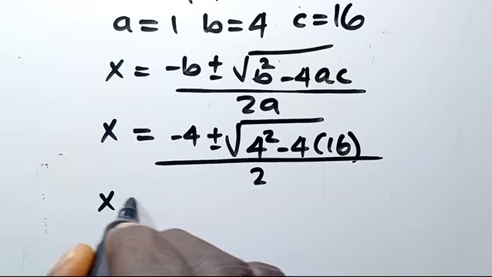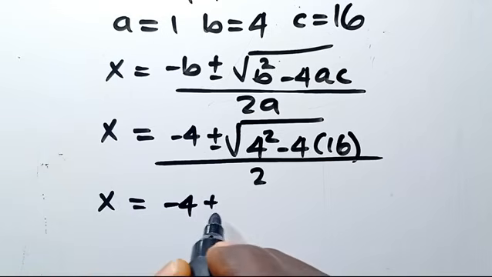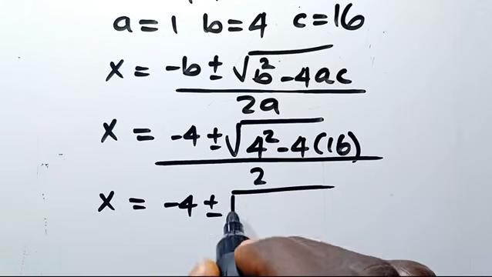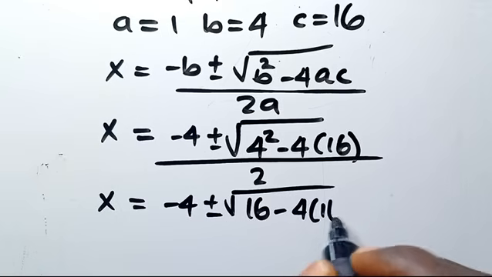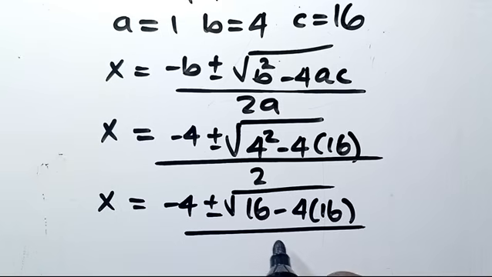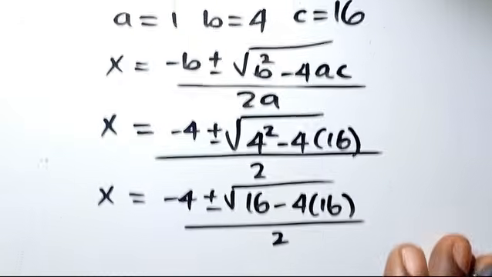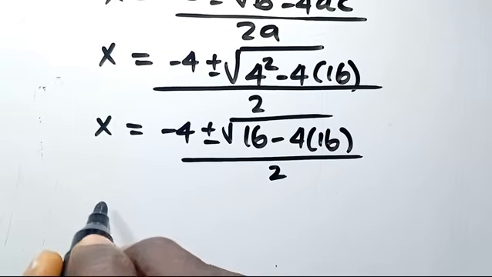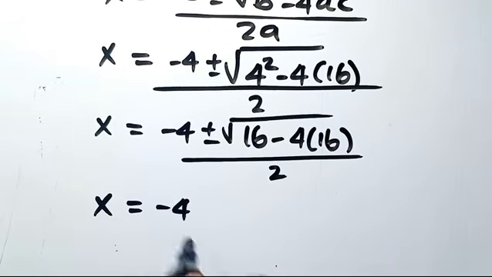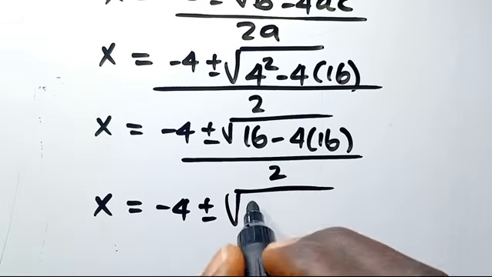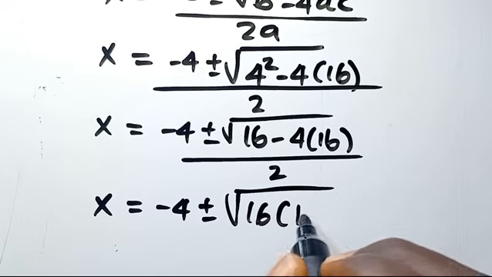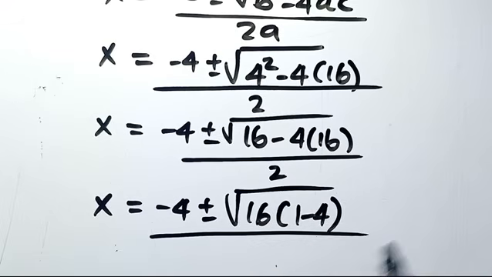So we have x = (−4 ± √(16 − 4 times 16)) over 2. We can factor 16 outside from here: 16 times (1 − 4), over 2.